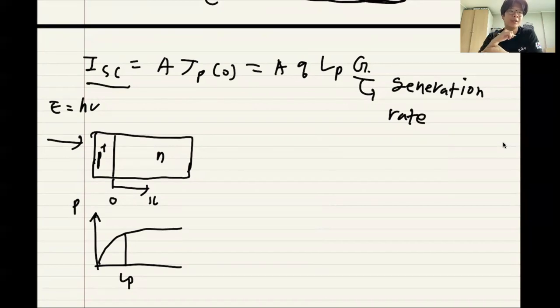The ISC, short circuit current, is related to the diffusion length and the generation rate due to light flux.